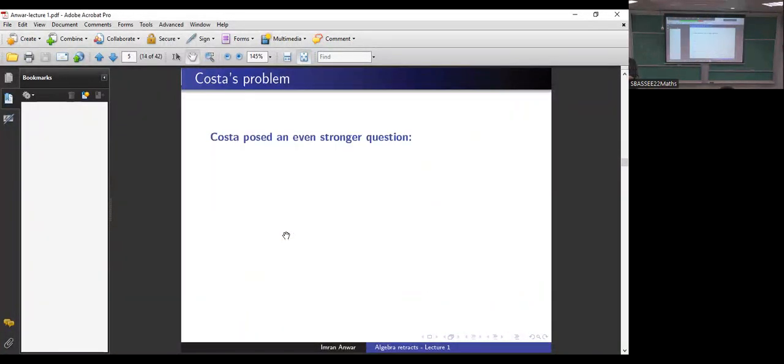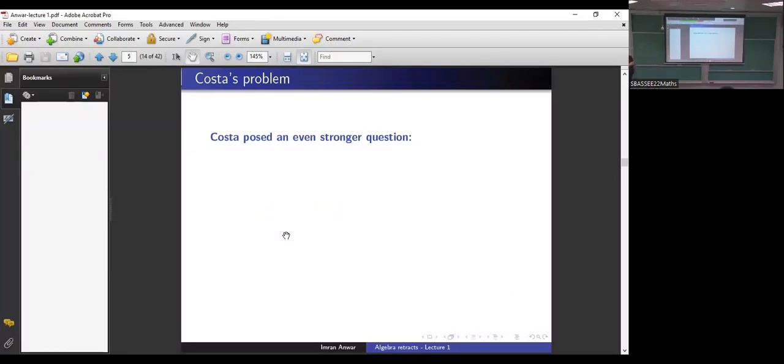Okay, and people have been trying to attack this particular problem directly. One of the reasons why algebra retraction is so important: I told you about different central problems in commutative algebra, and one of them is the Zariski cancellation problem. Then there was a very classical paper by Costa, which appeared in 1977, and Costa proposed an even stronger question.